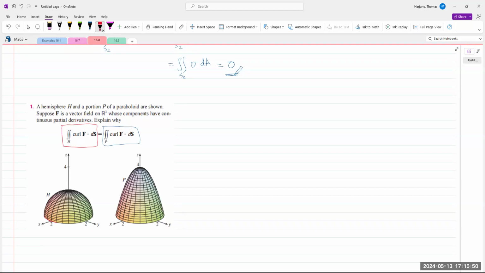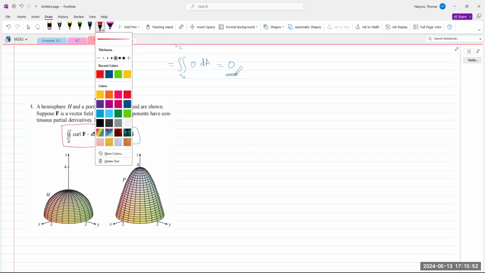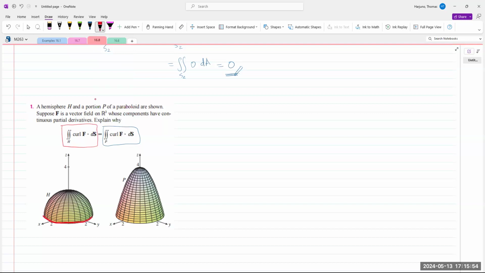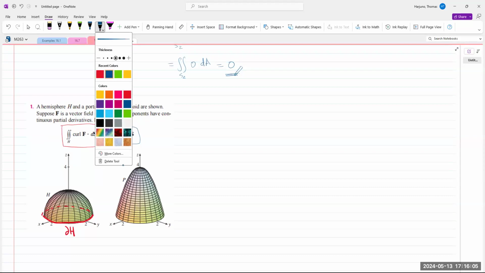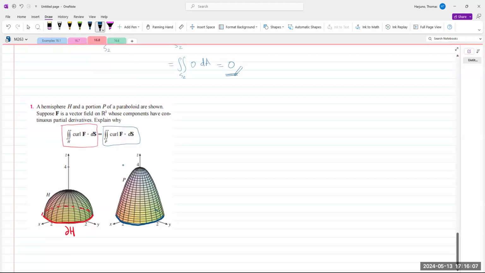Let me make it thicker so that we can see better. They share common boundaries. This is the boundary of H, and this is the boundary of the paraboloid. It happens to be the same.